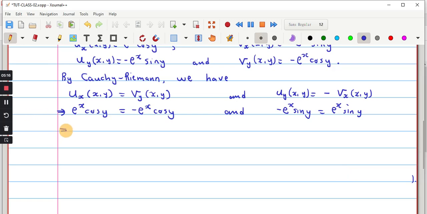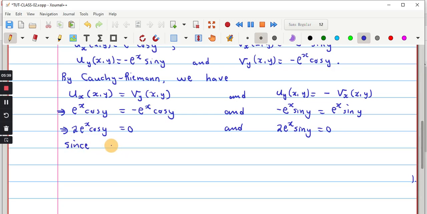And this means that 2 e to exponent x cos y equals 0 and 2 e to exponent x sin y equals 0.